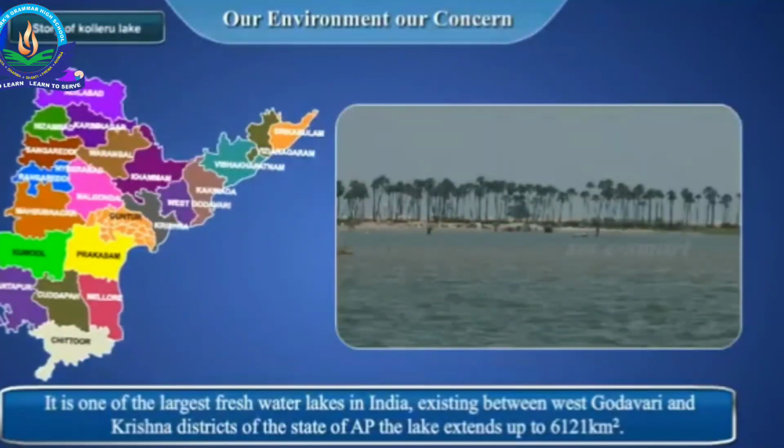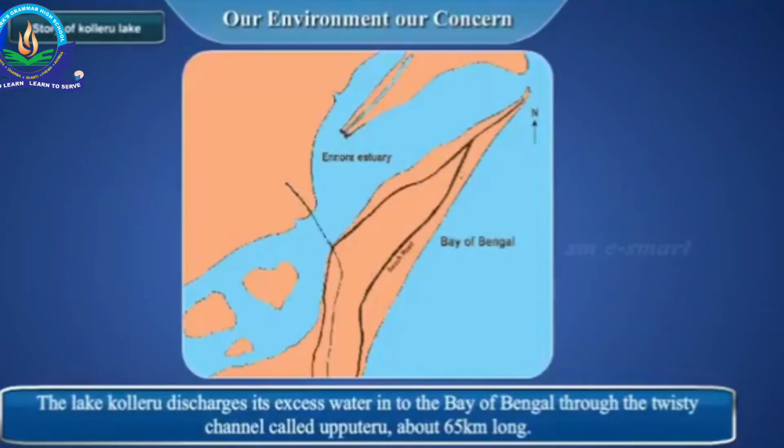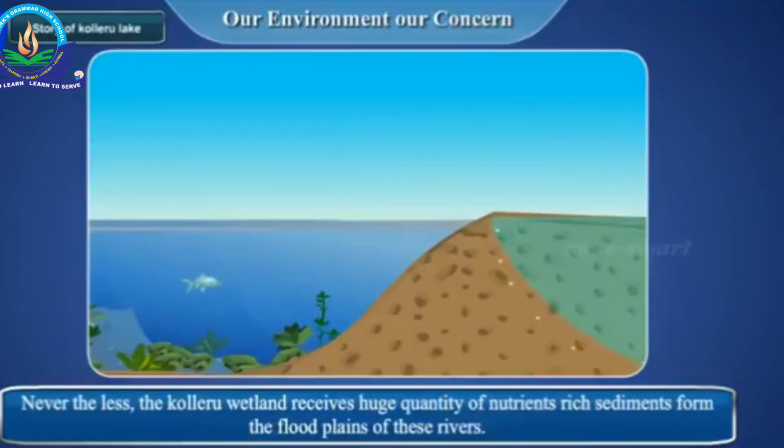The lake extended up to 6,121 square kilometers. Lake Kolleru discharges its excess water into the Bay of Bengal through the twisty canal called Upputeru, about 65 kilometers long.